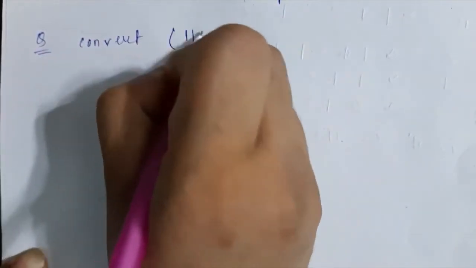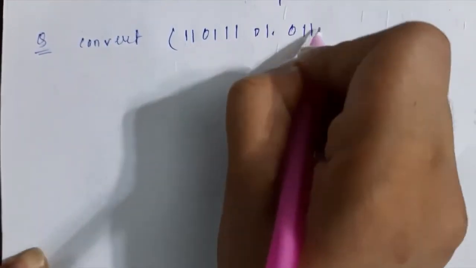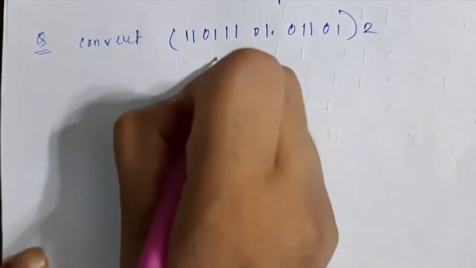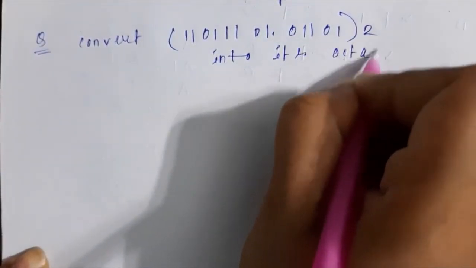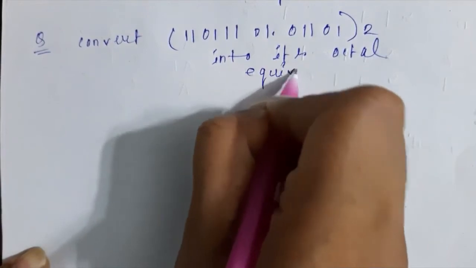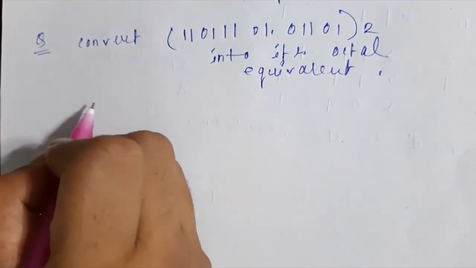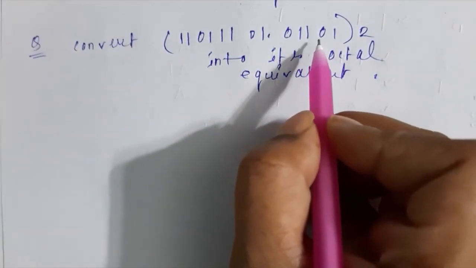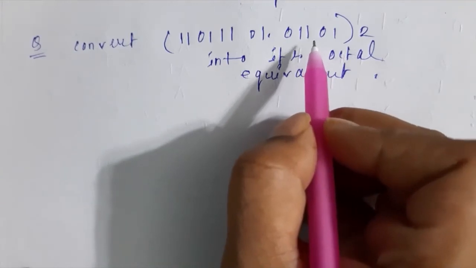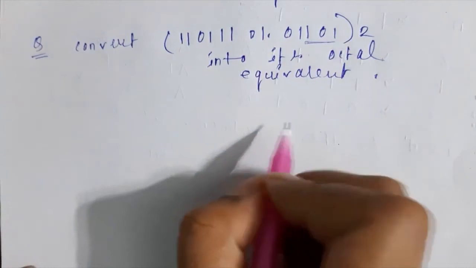Now let's convert 1, 1, 0, 1, 1, 1, 0, 1, 0, 1, 1, 0, 1, 2 into its octal equivalent. For this we have to take three digits at a time.